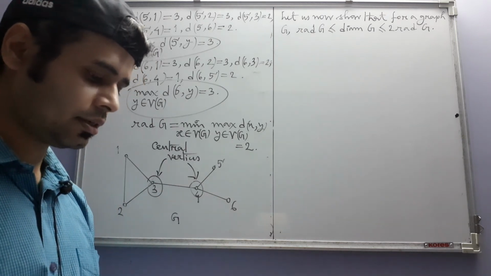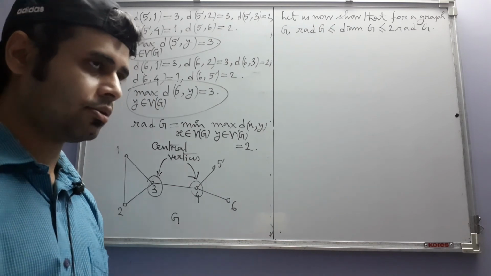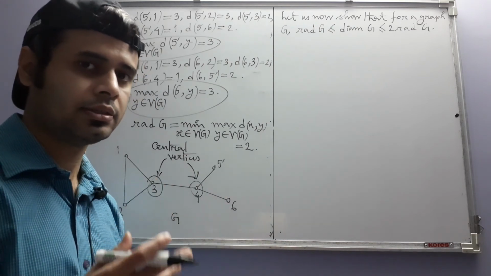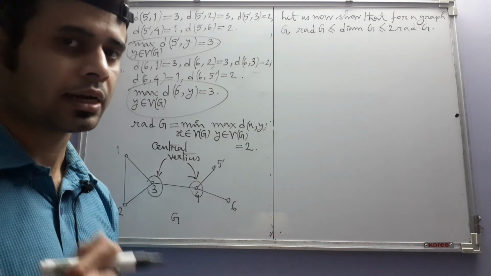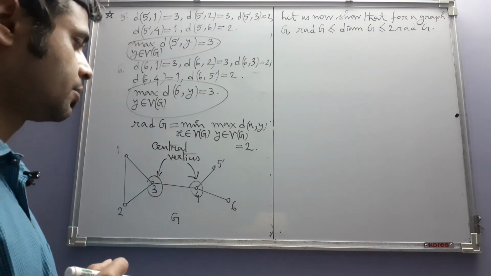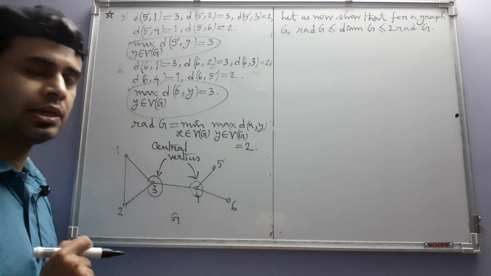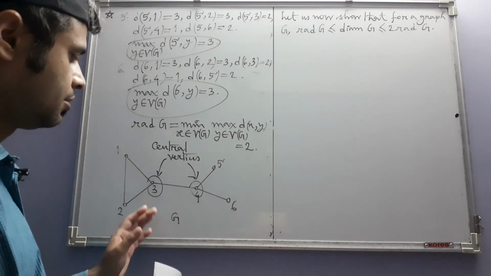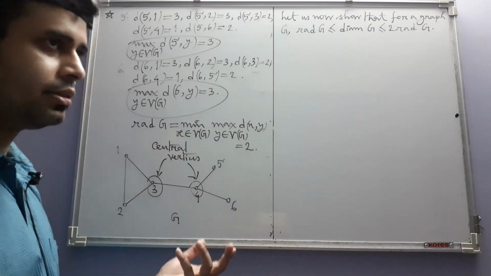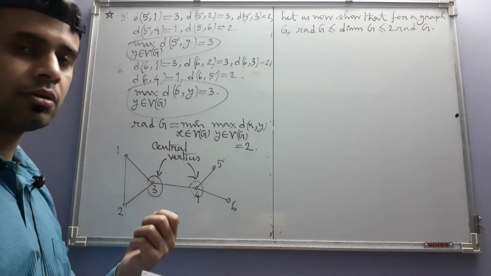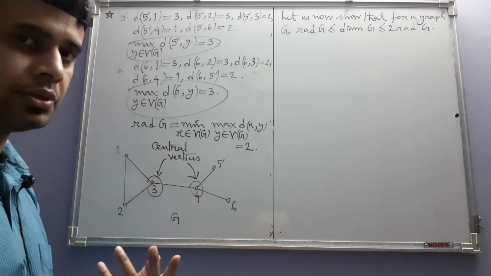Once this section is over, we will go to the next section, which treats the concept of connectivity in a graph, which for example identifies some vertices and some edges, removal of which makes the graph disconnected.